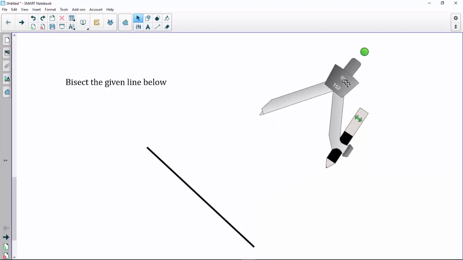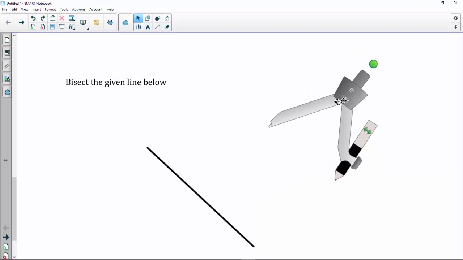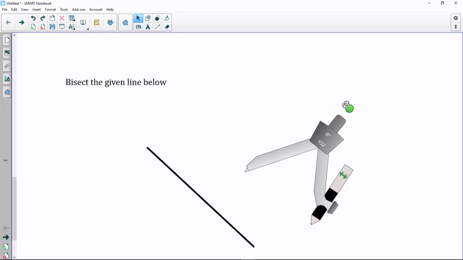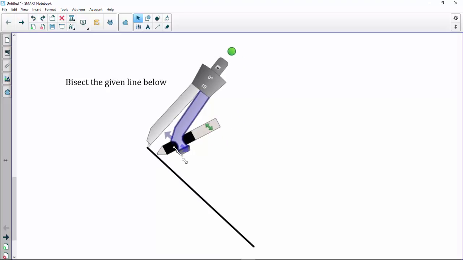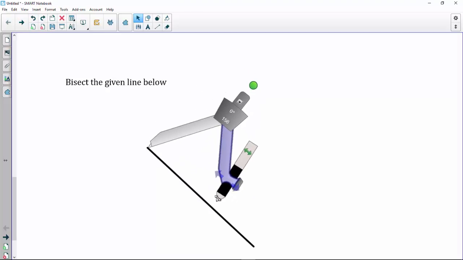So, once again, position the point of the compass at the start of the line. Open the compass to more than half. And once we have started the construction, the radius will never change. Keep that in mind, please.